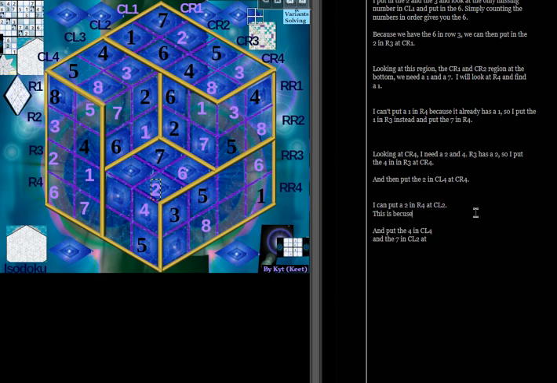This is because I am missing a 2 in column left 2. Column left 2 only has the 2 and the 7 missing.